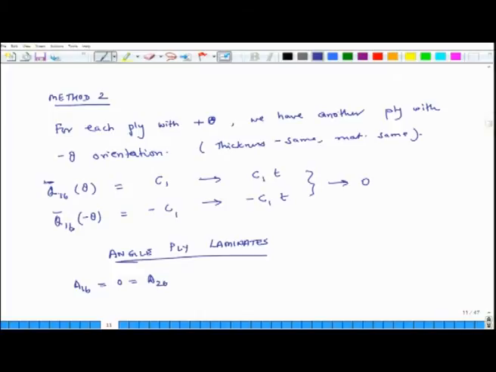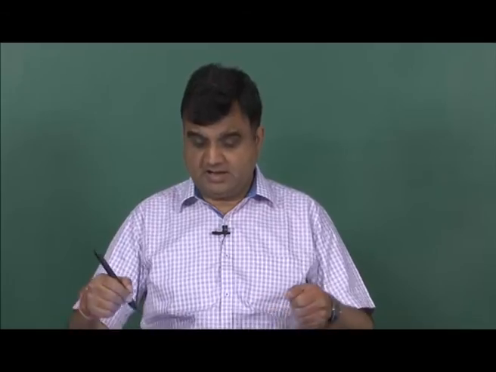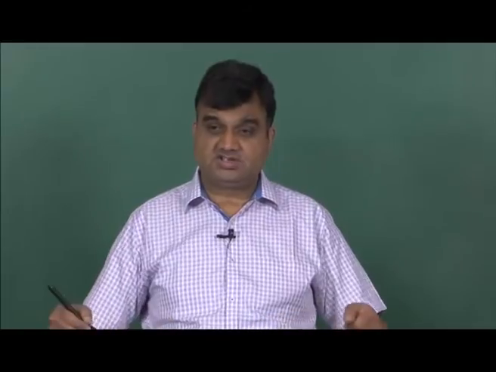That if I have a flat plate and if I pull it, it will only exhibit extensional strains, it will not exhibit shear strains. And similarly, if I have a flat plate and I apply shear stresses on it, it will only exhibit shear strains, it will not exhibit extensional strains.